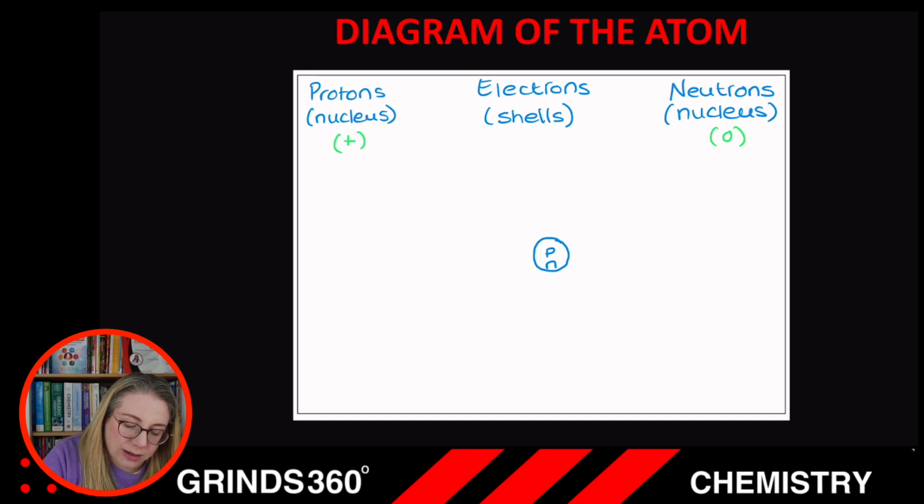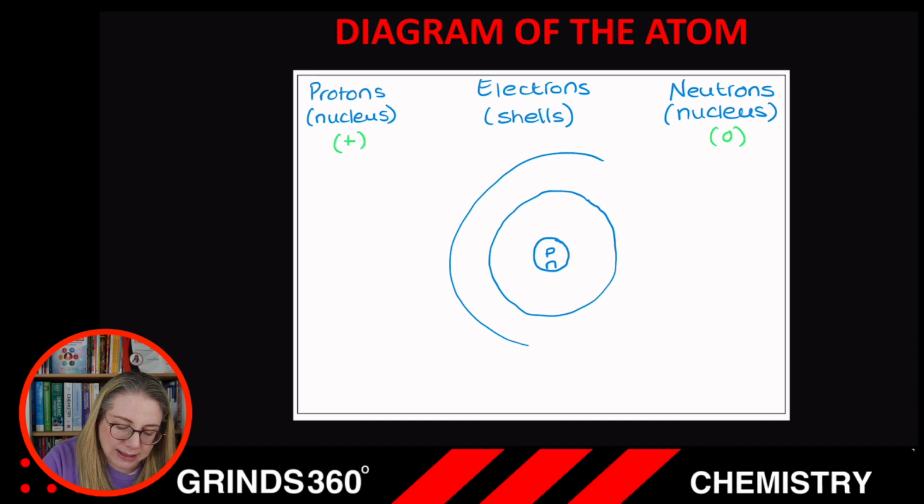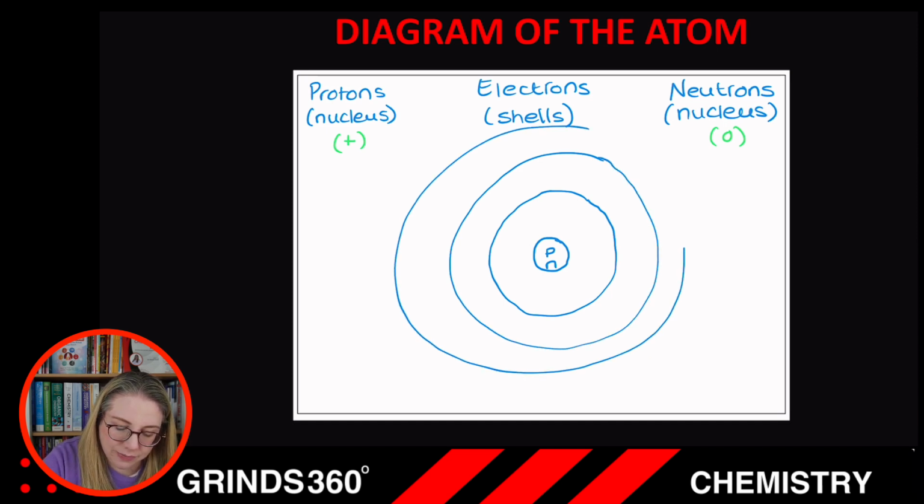Now, your electrons, you'll find them going around the nucleus in these rings, like this. Terrible circle. Anyway, we're just going to go with it. The first one we call n is equal to 1. This is the first shell around the nucleus.